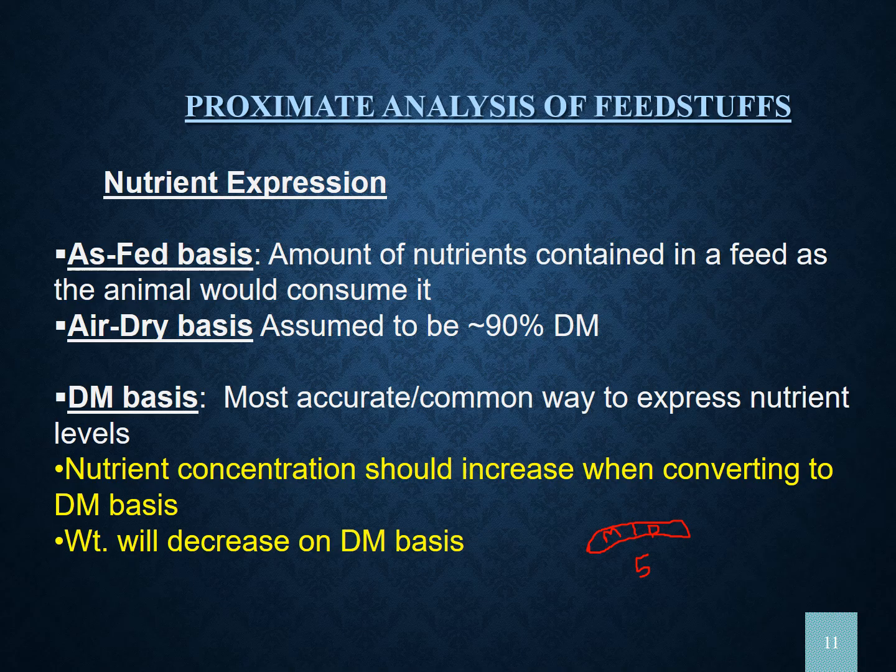So when you express the nutrient, let's say crude protein, in this 5 kilograms of feedstuff, while including the moisture also, the percentage of crude protein will be, for example, 18%.